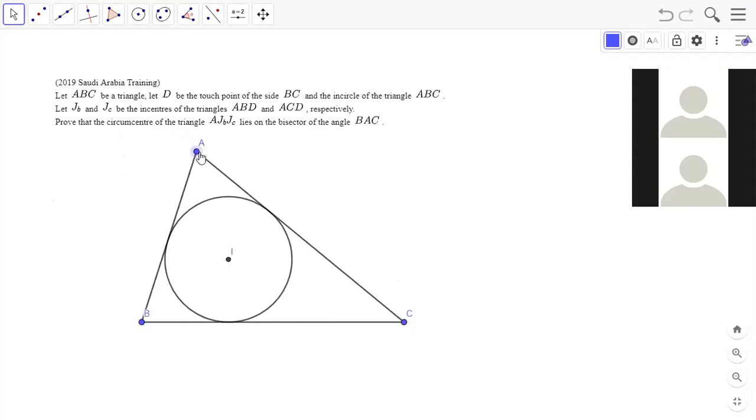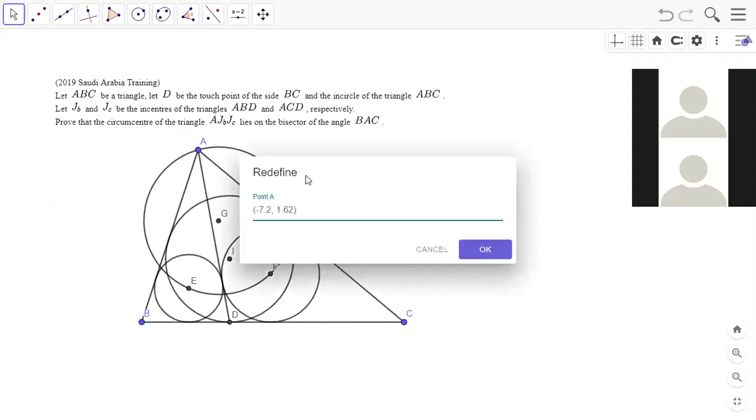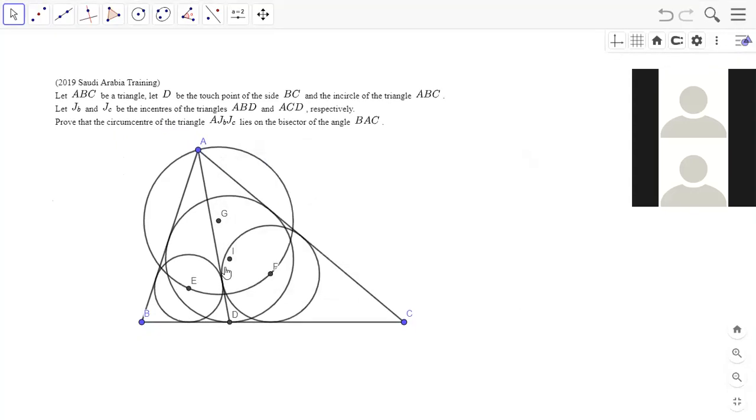oh, can we prove that they're tangent just kind of by a length chase? Because if we let this be tangent at a point X and we let this be tangent at a point Y, then we could show AX equals AY.